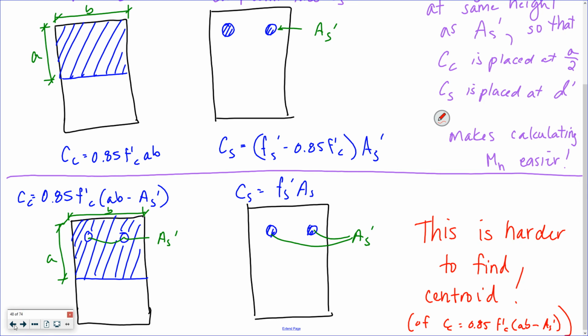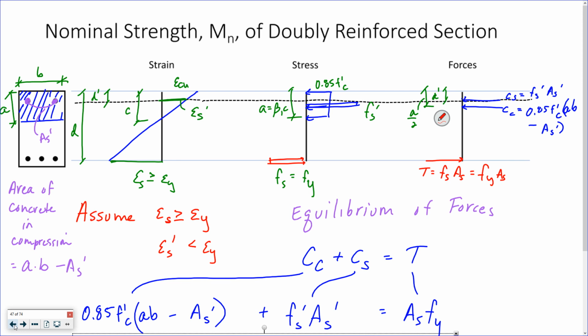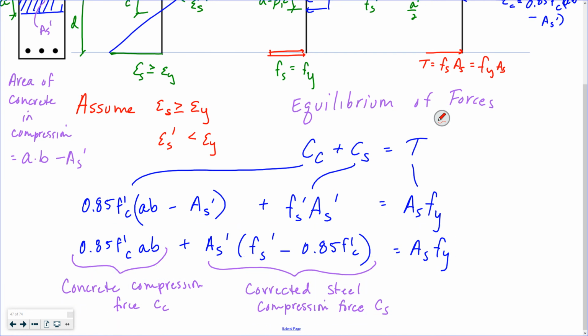So, I wanted to talk about this. If I have steel in there, let's look at this. Earlier, all I had was C sub C is equal to T. Now I have this additional compression force from my steel.